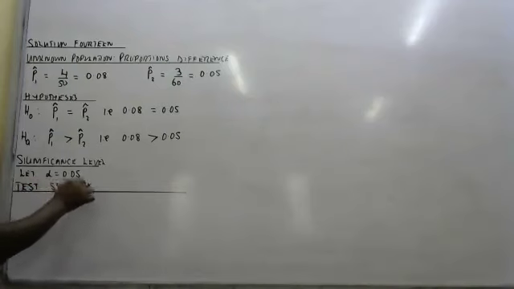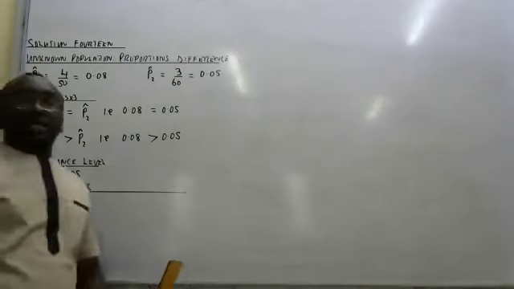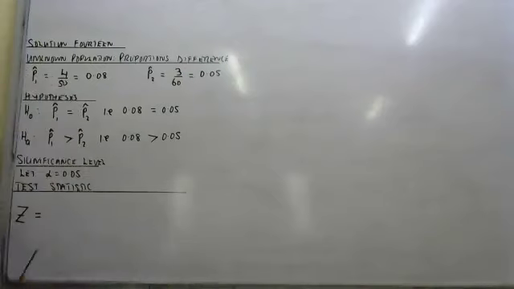From there, you tell us the test statistic, how we shall arrive at it. I've been telling you, anytime you see proportion, it is Z, whether the population is known or unknown.